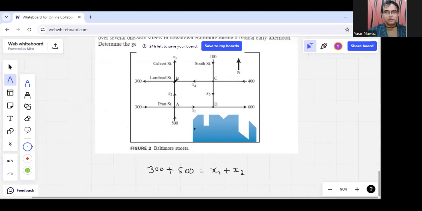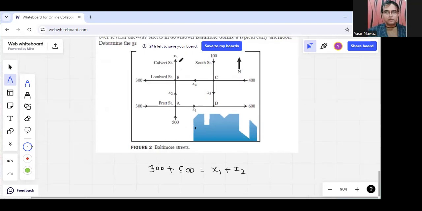And on point B, x3 is leaving and 300. These two are leaving, so x3 plus 300. And what is coming in? The coming in are x2 and x4, so x2 plus x4.